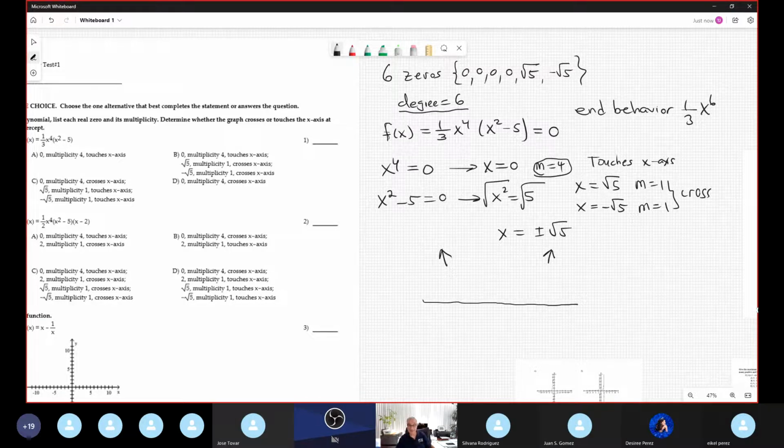However, we have at radical 5, this; at negative radical 5, we have this; at 0, we have another zero, with multiplicity 4. So I suppose that this crosses, this touches, and this crosses. Then the option we select is, I don't know, B or C. No, it's B. It's obviously B.